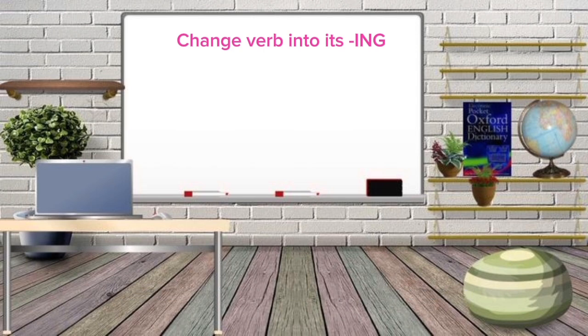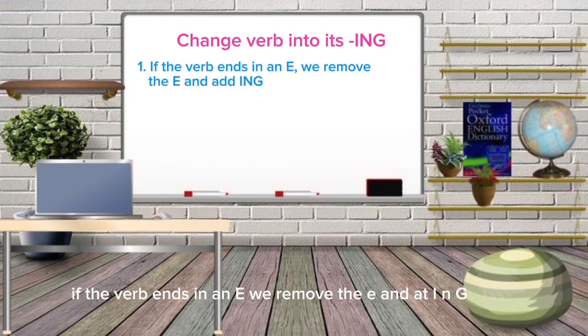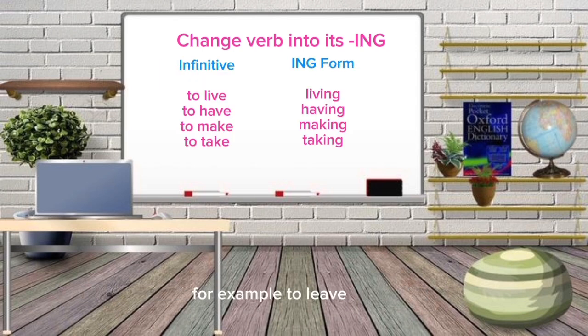Next, the spelling exceptions. The first: if the verb ends in an E, we remove the E and add ing. For example, to live becomes living, to have becomes having, to make becomes making, to take becomes taking.